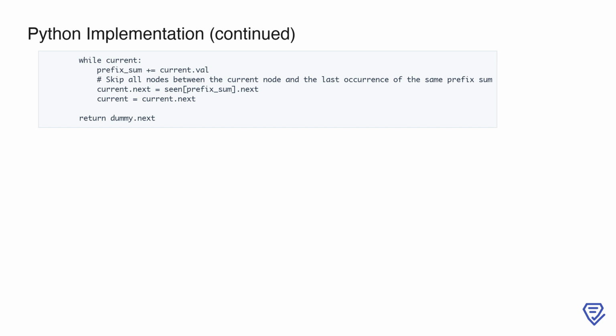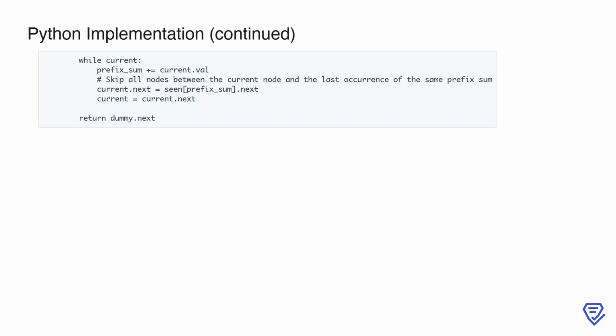To remove these zero-sum nodes, we update the next pointer of the current node to skip over them, connecting directly to the node that follows the last occurrence of this prefix sum. This effectively removes the zero-sum sublist from the linked list. Finally, we proceed to the next node and repeat the process until the end of the list is reached. Once the traversal is complete, we return dummy.next, which points to the head of the modified linked list without any zero-sum sublists.